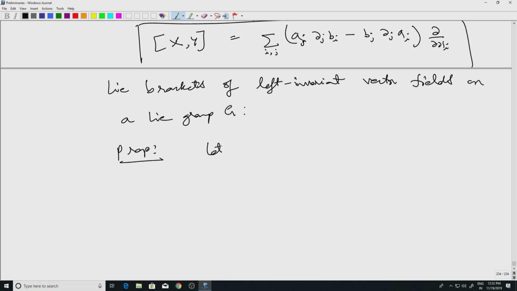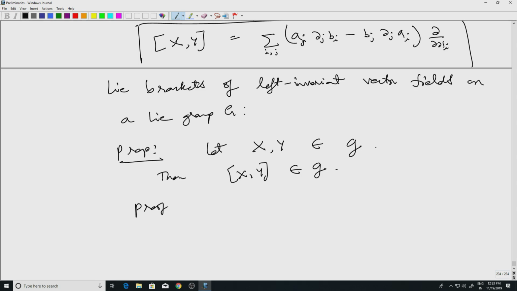Let X and Y be in the space of left invariant vector fields on G, which I have denoted by this script G. Then the Lie bracket also belongs to this. In other words, the Lie bracket is also left invariant.